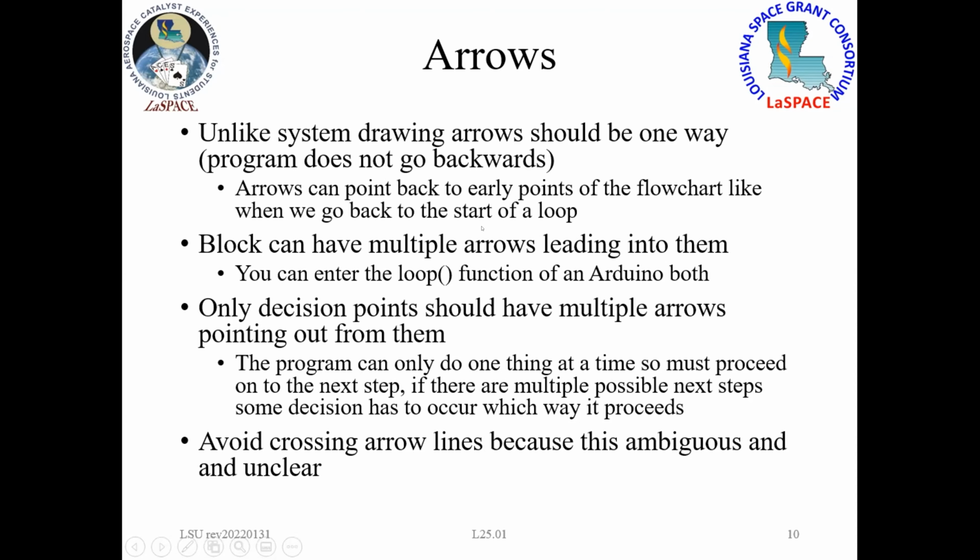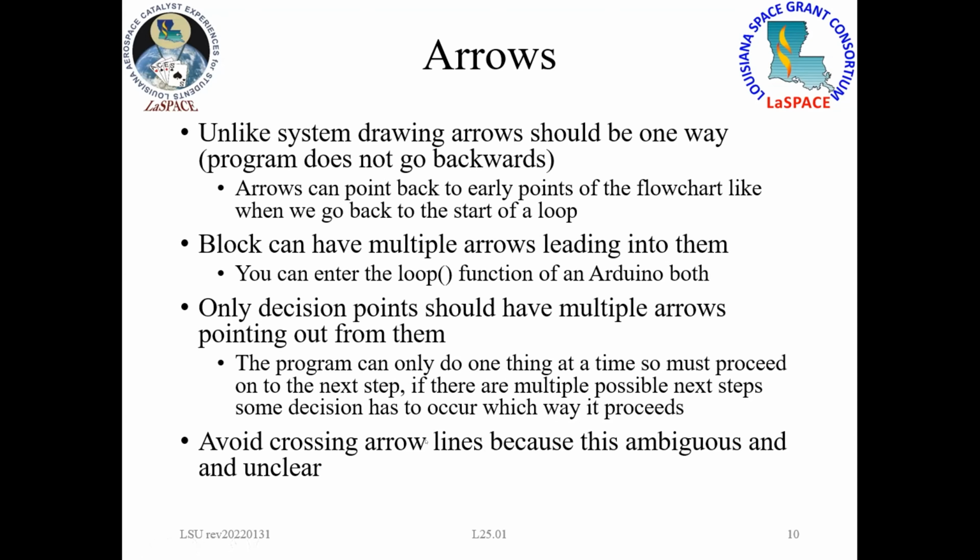Most of your blocks should be able to have multiple arrows leading into them, right? So for example, the loop function of the Arduino. One arrow going into that would be from the setup function, right? In an Arduino, as we've talked about previously, as soon as you finish the setup function, you go straight into the loop.